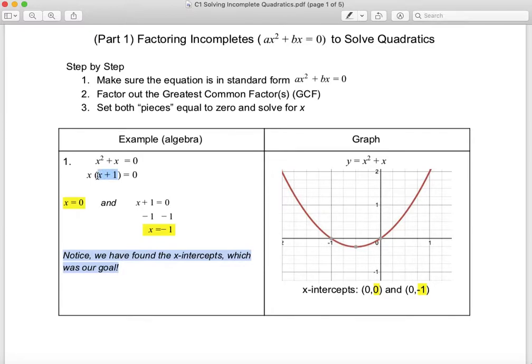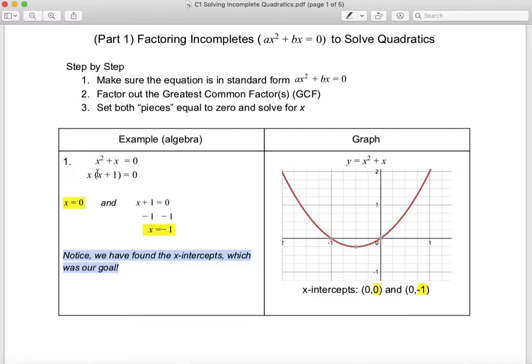If I can find some value of x that I plug in for x plus 1, such that it makes what's in the parentheses become 0, well, 0 times, doesn't matter what x is, anything times 0 always equals 0. So essentially what we're doing is we're taking x and we're setting it equal to 0 and solving for x. Well, if you set x equal to 0 and solve for it, you've just got x equals 0.